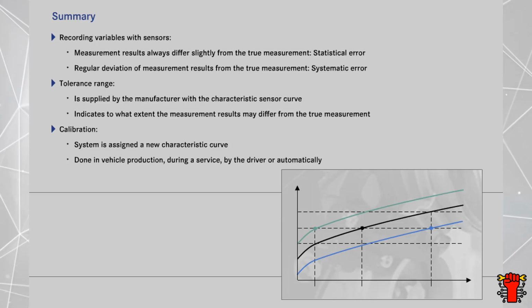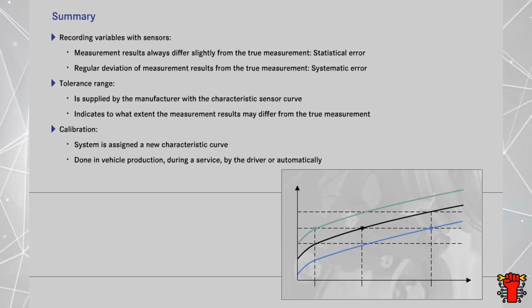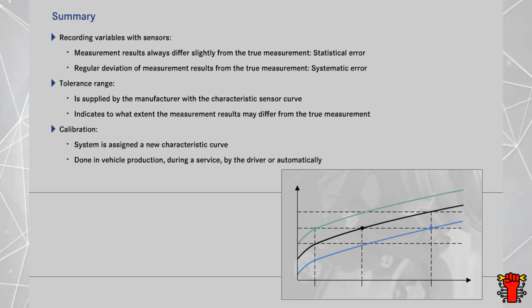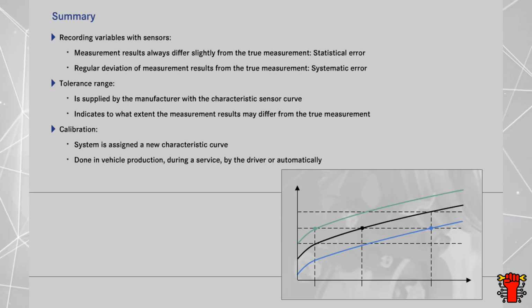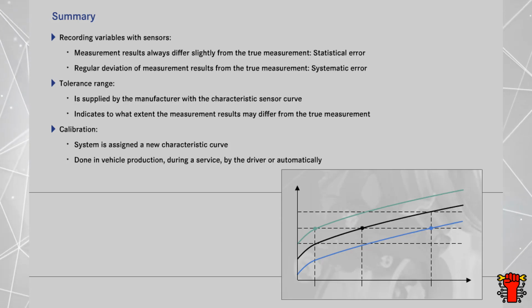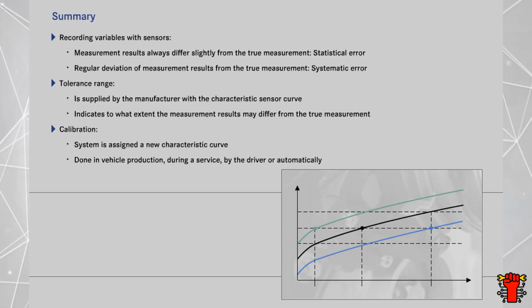Some systems, such as the tire pressure monitoring system, can be calibrated by the driver himself. Other systems carry out calibrations automatically, as is the case, for example, with the clutch system on the automated manual transmission.